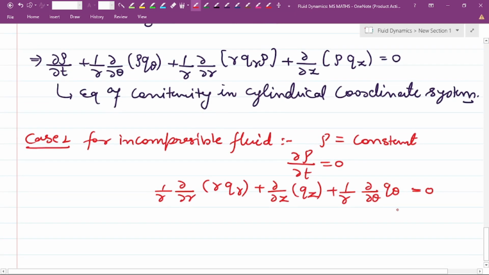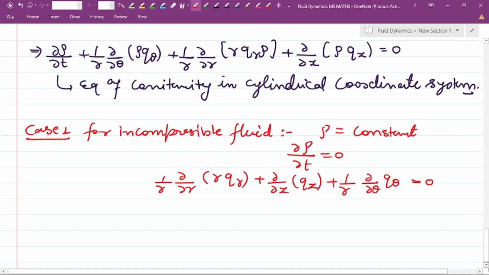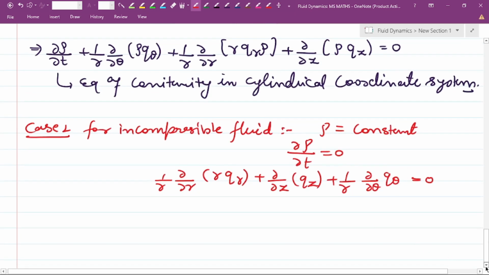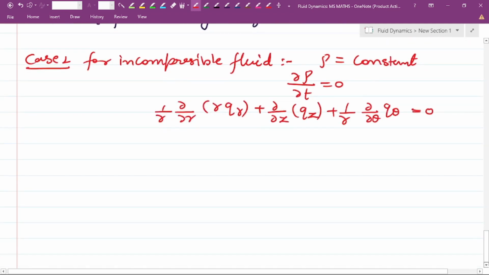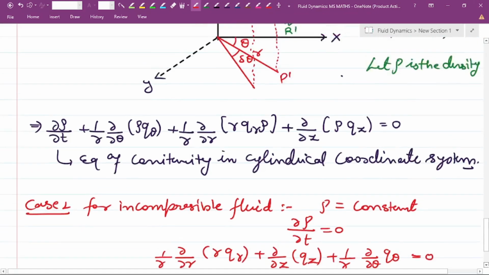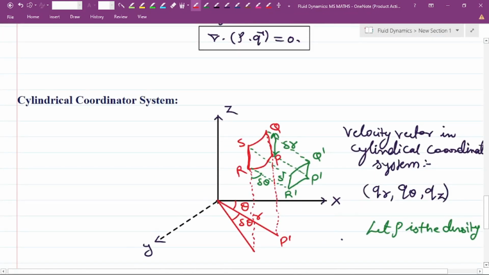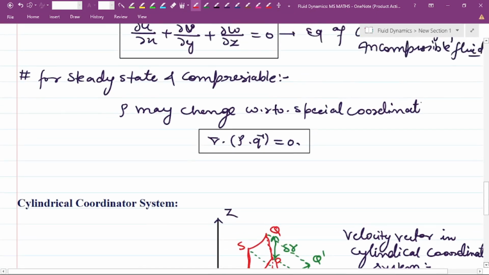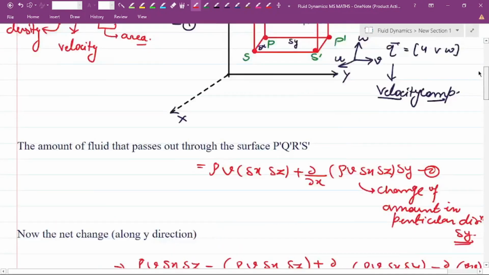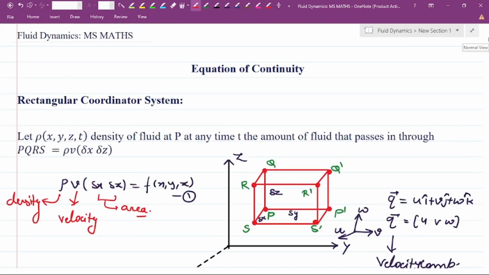And similarly, for the compressible fluid, we can find it using the spatial coordinates. So this is the equation of continuity for the incompressible fluid in the cylindrical and rectangular coordinate systems. I hope you got this method, and we will use the continuity equation further to solve questions.